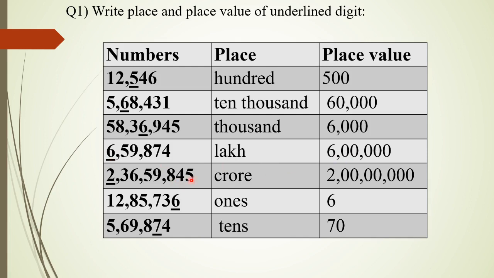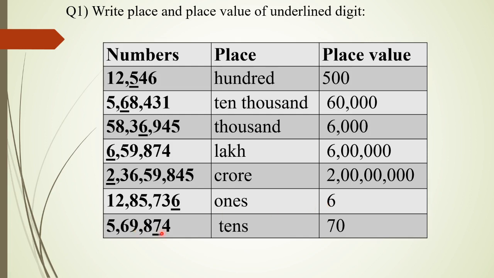Now ones, tens, hundreds, thousand, 10,000, lakh, 10 lakh, and then crore. So the place of this 2 is crore and the place value is 2 crore. Now this is the first place, ones place, so you multiply 6 by 1, that means 6.